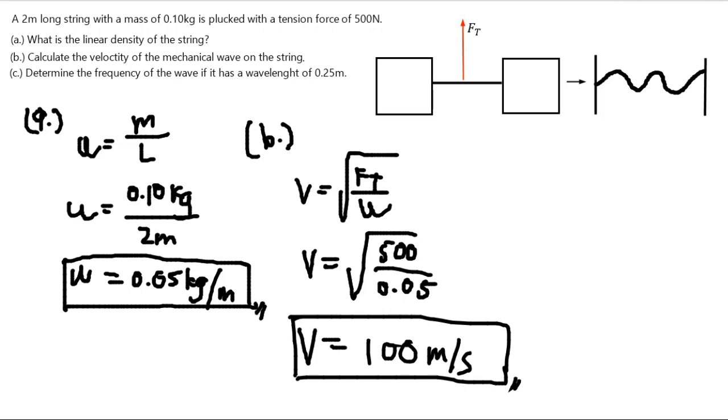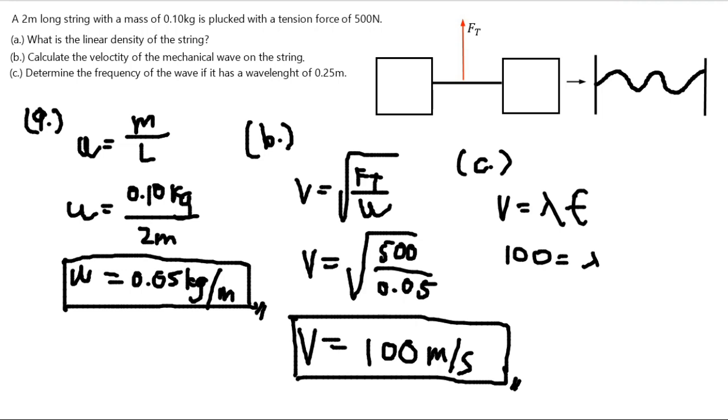Now let's move on to part C. Determine the frequency of the wave if it has a wavelength of 0.25 meters. So we can just use this equation. Velocity is equal to frequency times the wavelength. So we all know the velocity, it's just 100 meters per second.